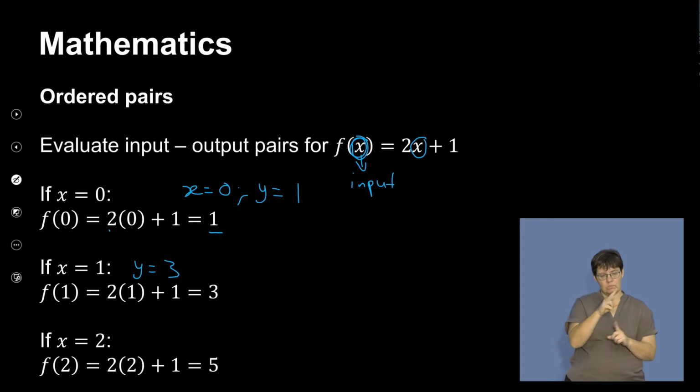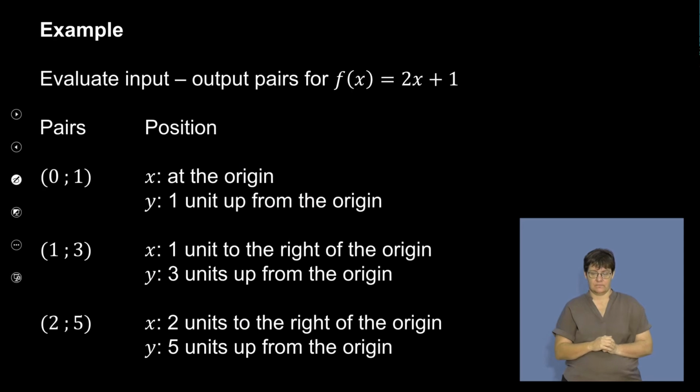So wherever there is x, you must plug in the 2, which will then end up giving us 5. So the y value here will be equal to 5. Now, I'm just going to show you the pairs themselves. So remember, my pairs are 0 and 1, 1 and 3, and 2 and 5.